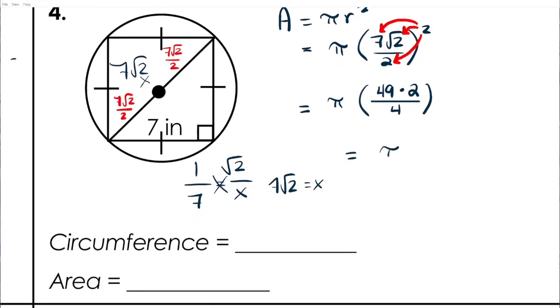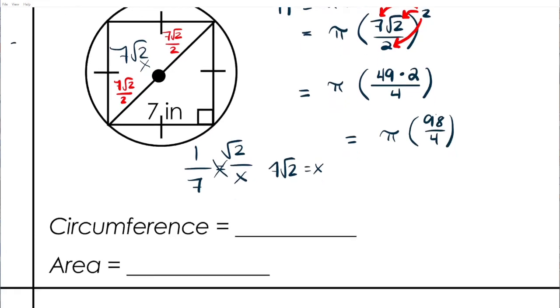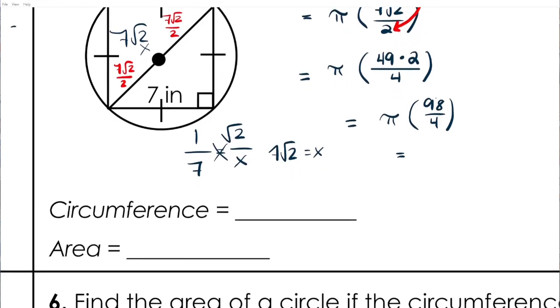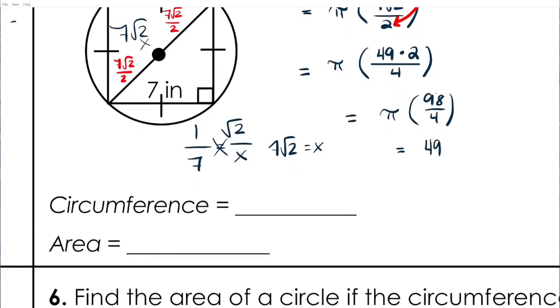So now we have pi times 96. Nope, 98. Sorry, 98. Trying to do math in my head. 98 over 4. Reduce that fraction. Hey, remember, you have math frac. You don't got to try to do it on your own. So we get 49 over 2 pi inches squared.